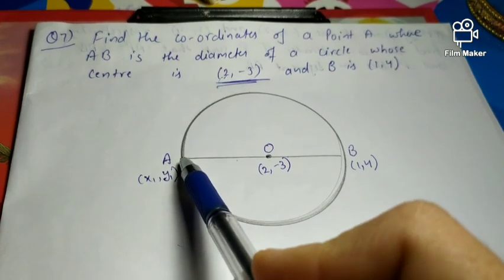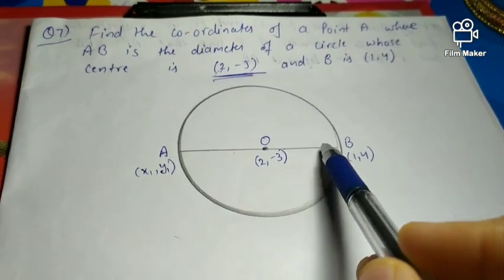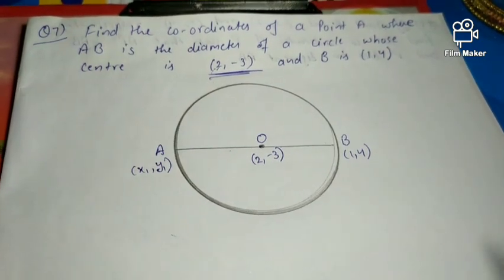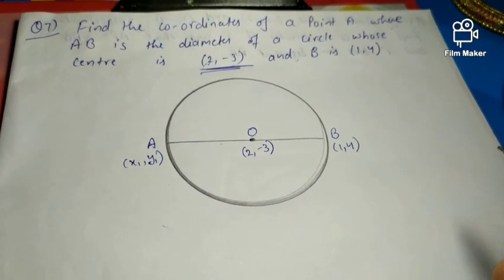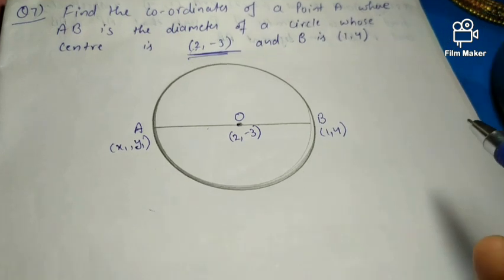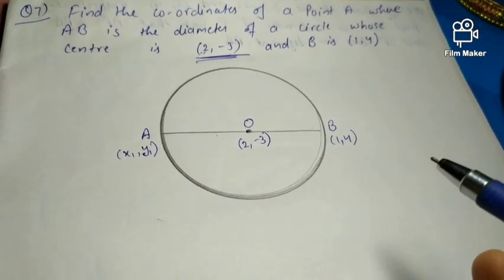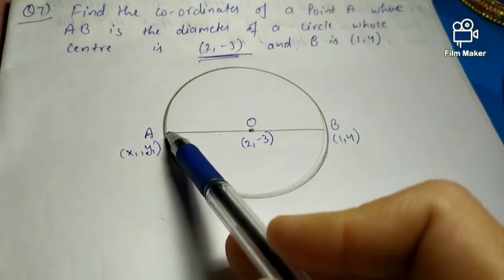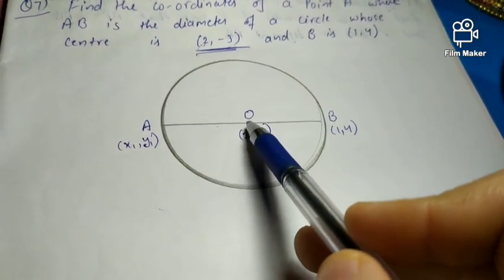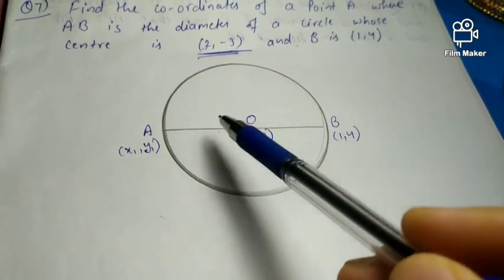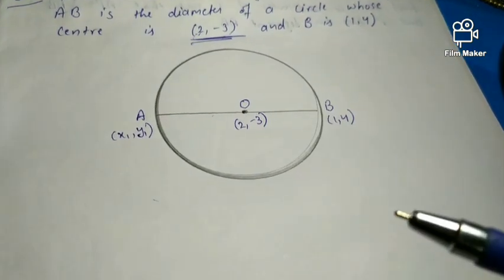Clearly, a diameter is a line which always passes through the center of the circle. It is very much clear to all of you. The diameter of the circle always passes through the center of the circle. I have made the diameter which passes through the center. They said A and B are the endpoints of the diameter.